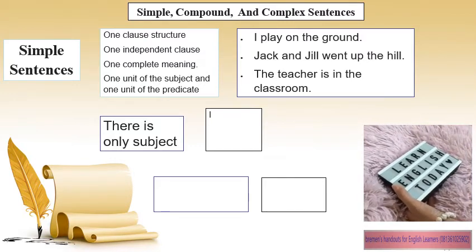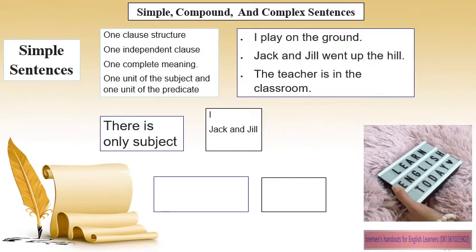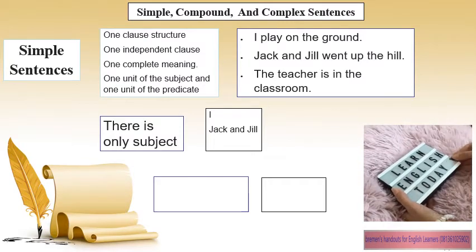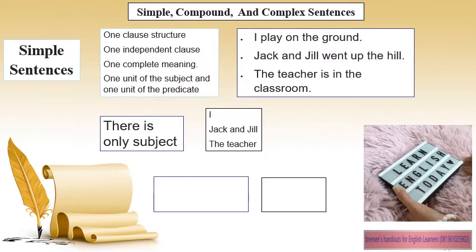Why? I. Jack and Jill went up the hill. The subject is Jack and Jill. Yes, Jack and Jill is combined with the conjunction and, but still considered as one unit of subject. The teacher is in the classroom. The subject is the teacher.